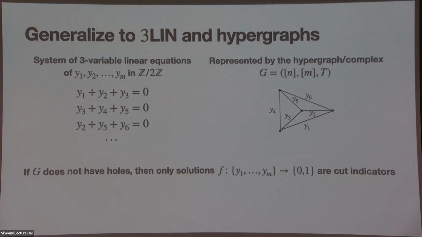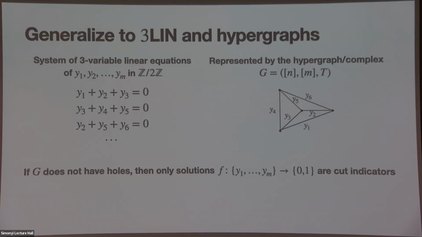Analogous to our observation previously, if G, this graph, does not have holes, there's a precise definition I'm trying to hide, but basically it doesn't have a set of edges such that it's not a boundary of any subset of triangles, but it also doesn't have any vertex boundary.